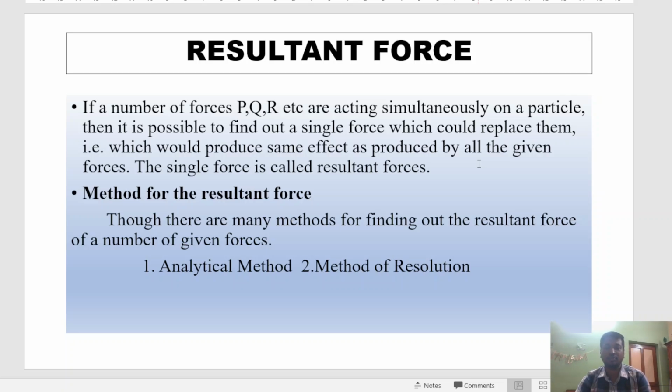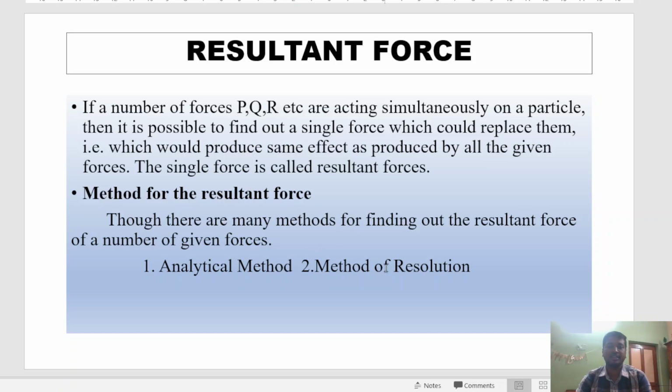The single force is called the resultant force. Though there are many methods to find the resultant force of a number of given forces, basically there are two techniques. First one is the analytical method and second one is the method of resolution.